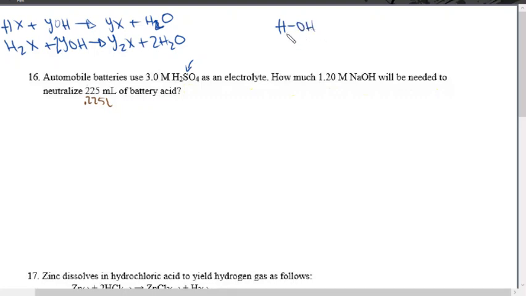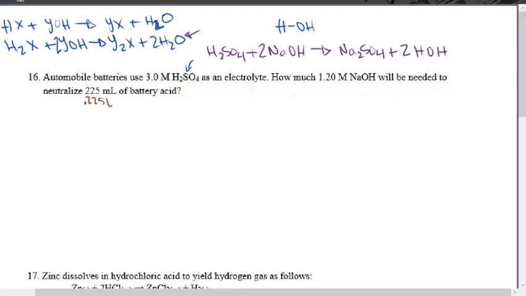It makes it a lot easier to see. Okay, going back to this one then, we're going to use this general reaction right here. H2SO4, I'm going to leave out the states just to save time. It's 2 NaOH react to give me Na2SO4 plus 2HOH.